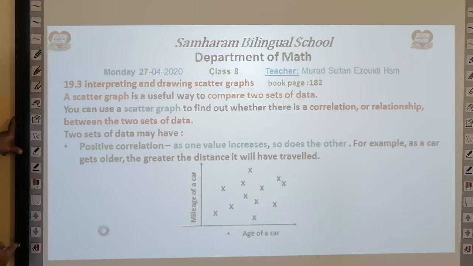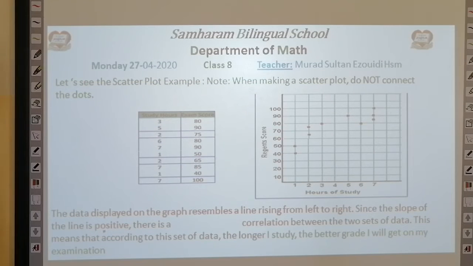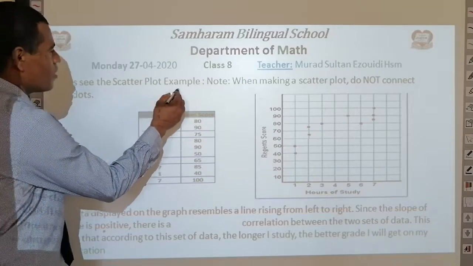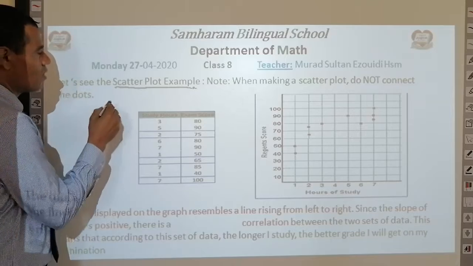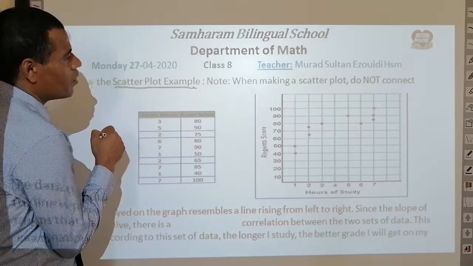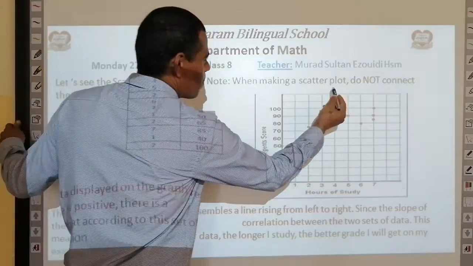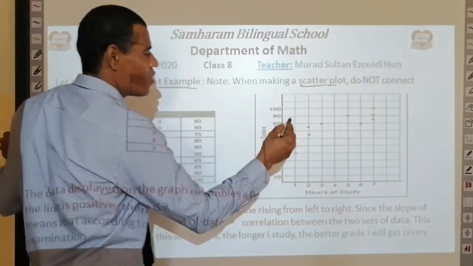In other words, my kids, let's see this scatter plot example, or scatter graph. Note that when making a scatter plot, please don't connect the points.